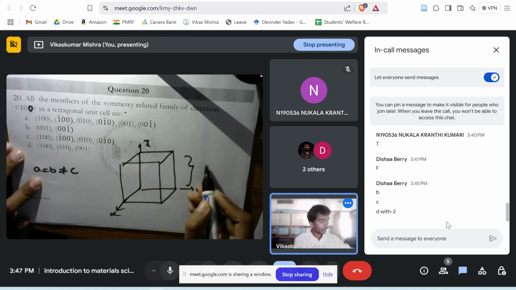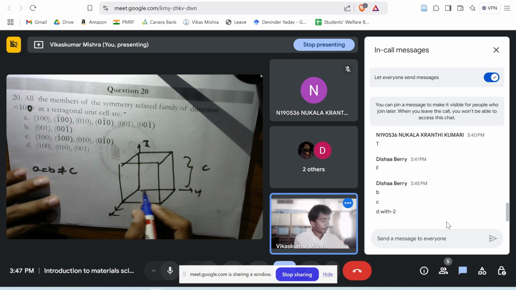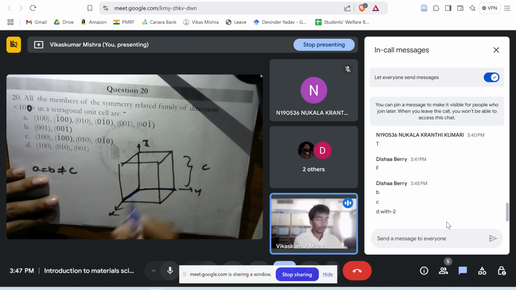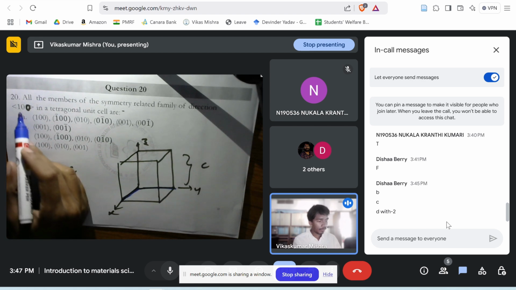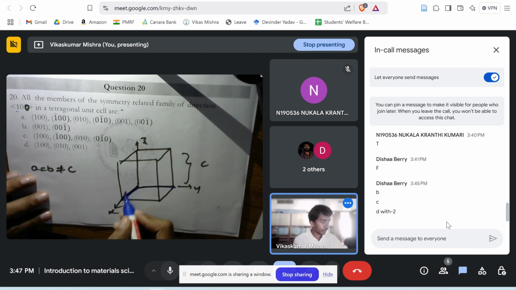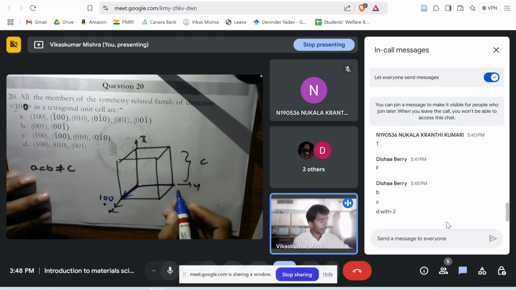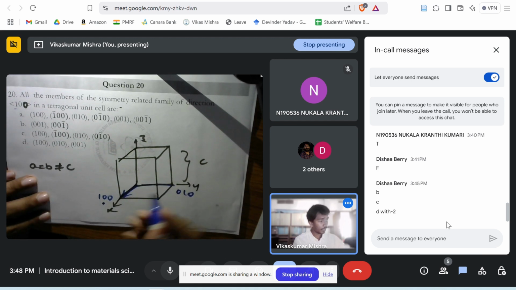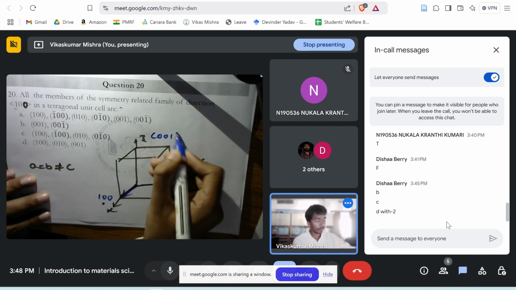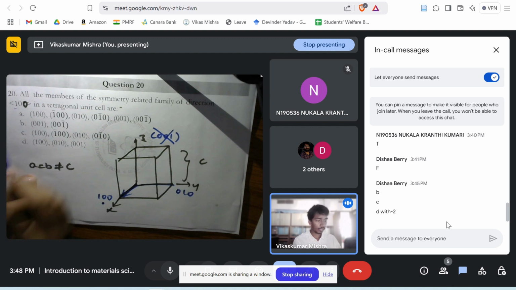Along z there is an elongation. So this direction and this direction are equivalent, while the C direction is not equivalent. The family 100 is this x direction, which will be equivalent with y, that is 0 1 0. But it won't be equivalent with 0 0 1, so we will not consider that in this particular family.